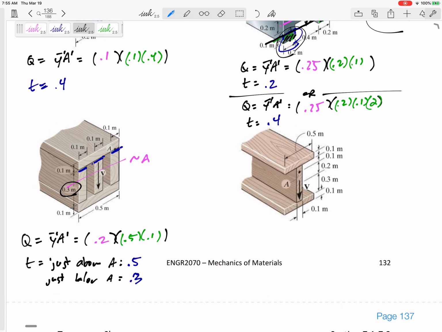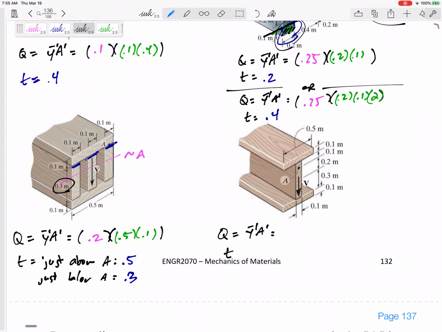All right, and then this last one. Q, y bar prime, A prime. Okay, I've got two options. Okay, so for point A, my old way of doing this would be, all right, let me find the A prime.